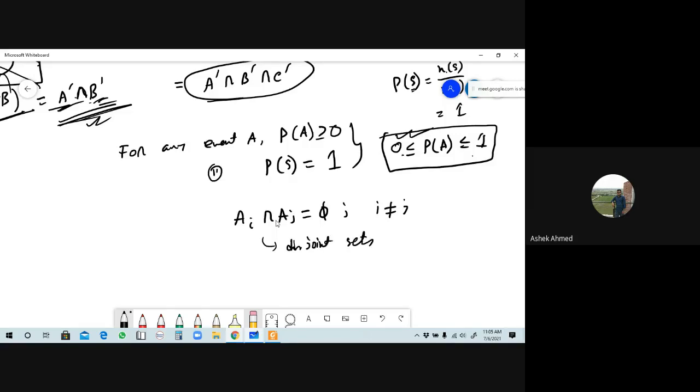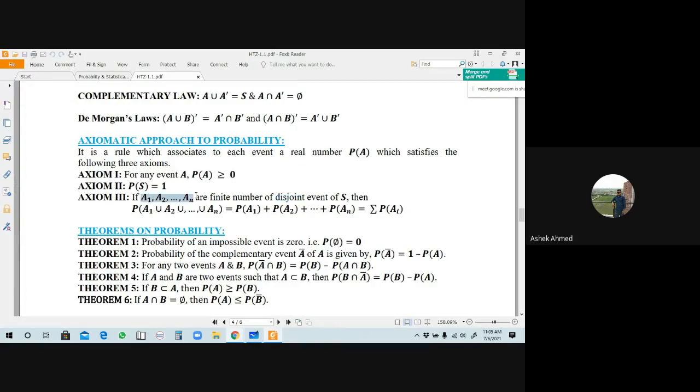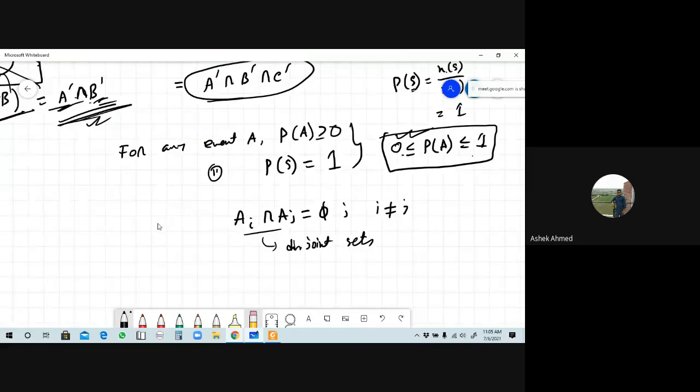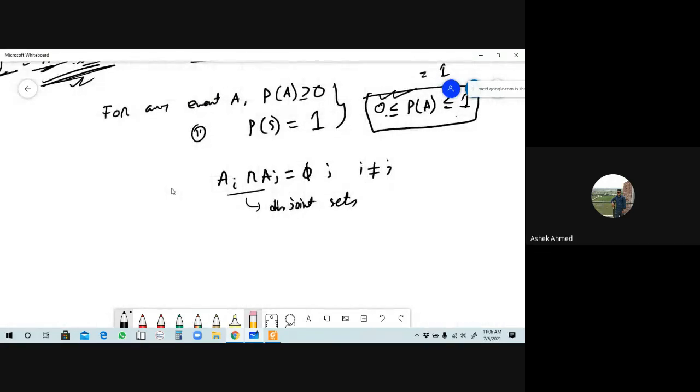As many sets as there are suffix numbers, that many sets there will be, and those will be called disjoint sets. For any disjoint sets, the probability of A1 union A2 union up to An will be the probability of A1 plus the probability of A2 plus up to the probability of An. How can you get this?